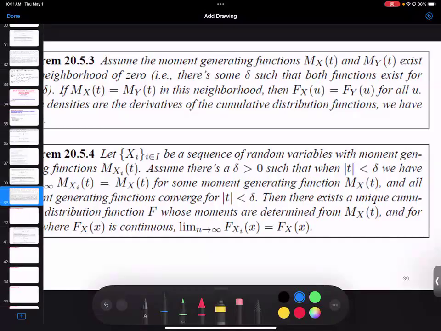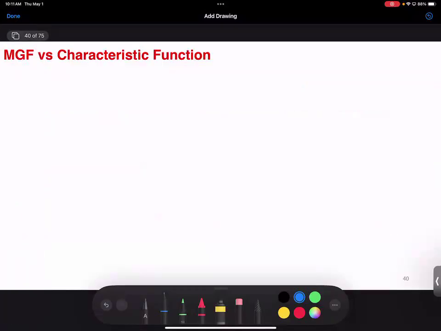Okay. So now, moment generating function versus characteristic function. So the moment generating function of x is defined as the expected value of e to the tx, which is the integral, let's say, from minus infinity to infinity of e to the tx f of x dx.